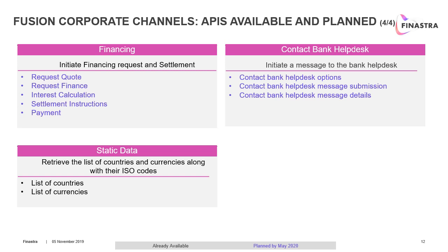There is another common API which is called Contact Bank Help Desk. This API can be used by any of the corporates to send a message to the bank for a variety of options which can be provided by the bank. For example, the first endpoint, Contact Bank Help Desk options, provides the corporate a list of what services can be requested using this particular feature.